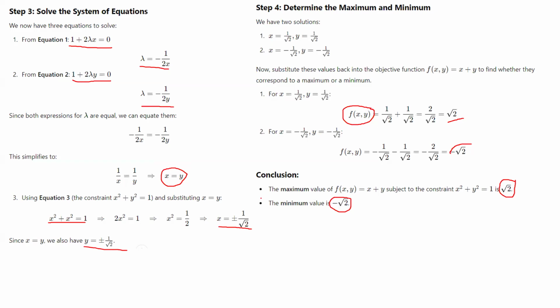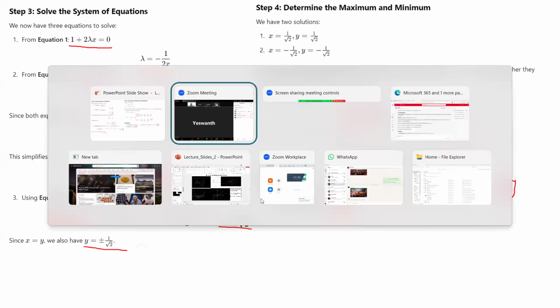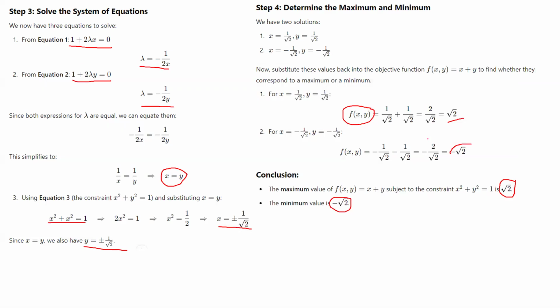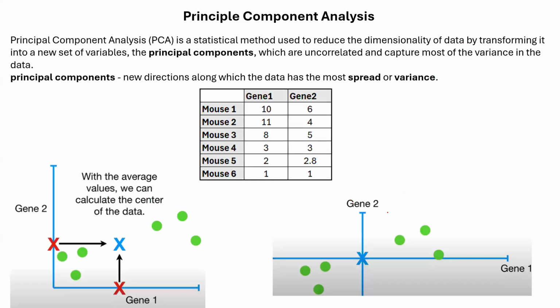And then you have to derive the values of all the variables and apply them in the main function to know what are the maximum values and what are the minimum values. So the one which has the highest value will become the global maximum, and the one which has the lowest value will become the global minimum, and the rest are local maximums and local minimums. Okay. So that is what Lagrangian multipliers basically is.